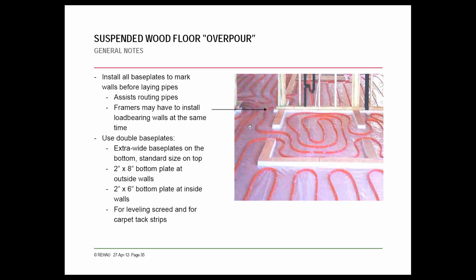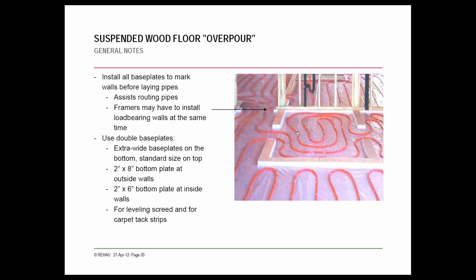Here you can see they've stapled it over the vapor barrier, and then they've added a separate base plate underneath the standard base plate on your wall to accommodate the overpour. So it's another thing to consider.